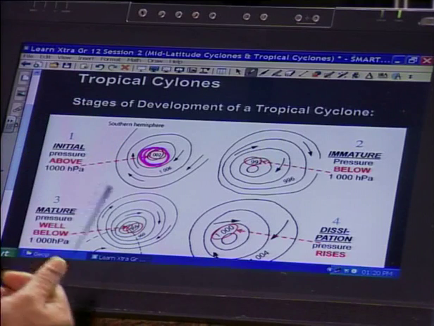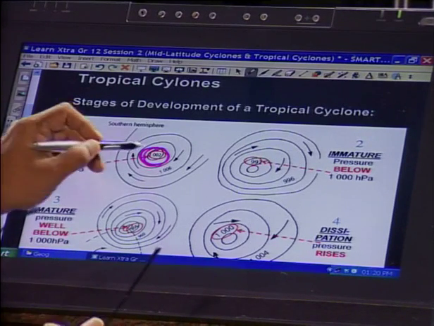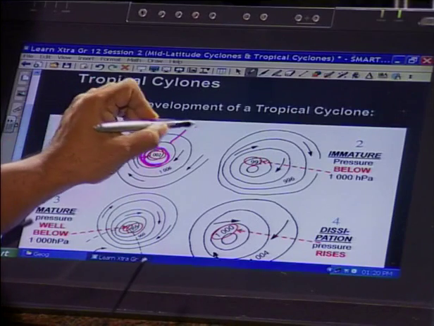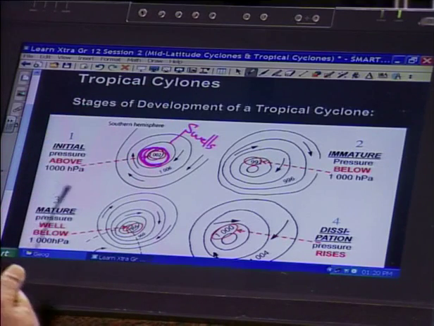Already this low pressure system is starting to form here in the initial stage. Slightly above 1,000 millibars, but already relatively low. At this stage, we could start getting swells in the ocean. Swells don't mean a full wave, but you notice the movement of the ocean is a bit rougher than normal.